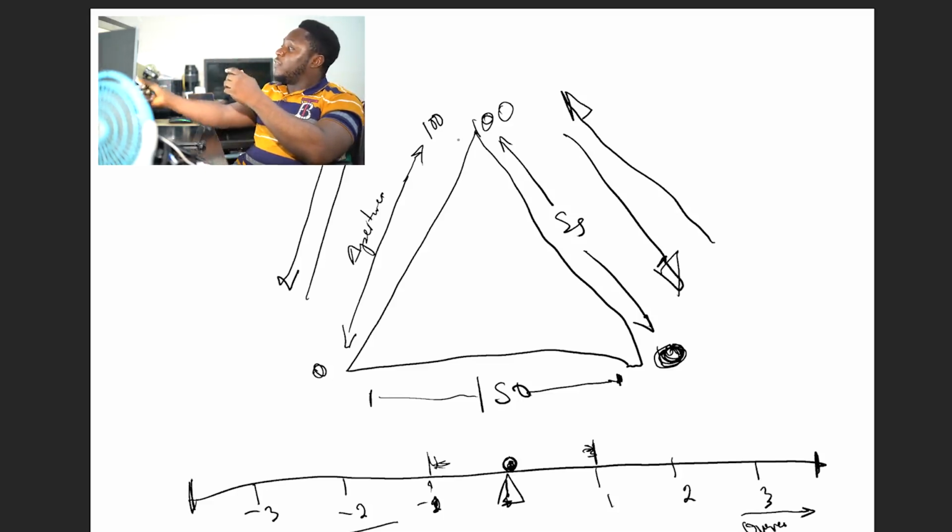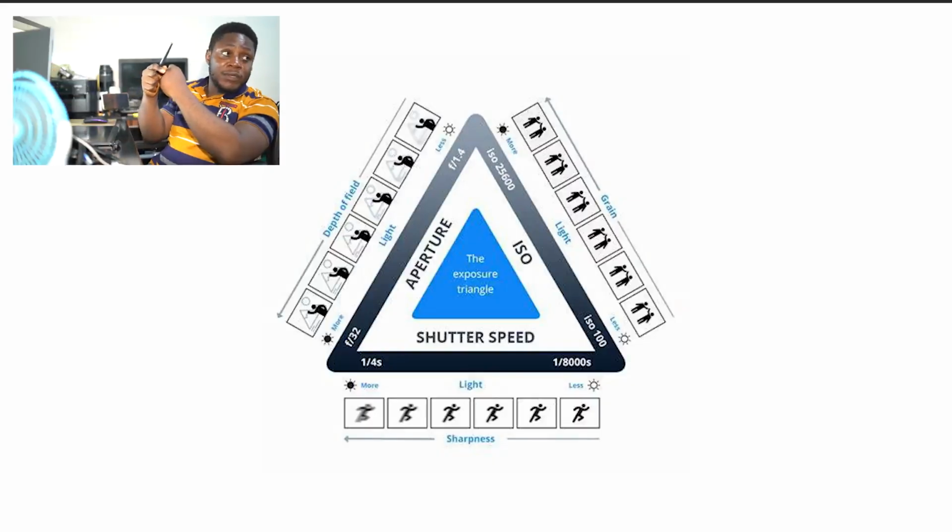Therefore, you need a slower shutter speed to make sure that you have balanced exposure. If you are increasing your shutter speed, then you should be decreasing your aperture in order to have balanced exposure.